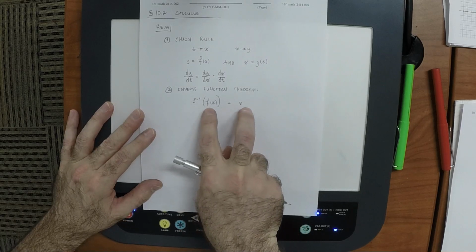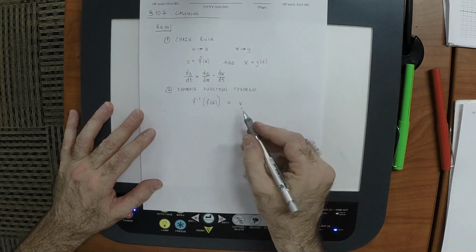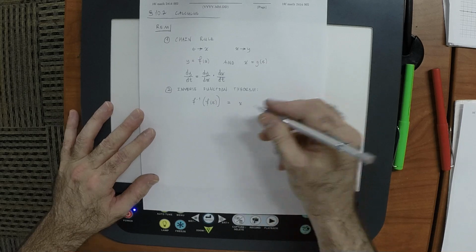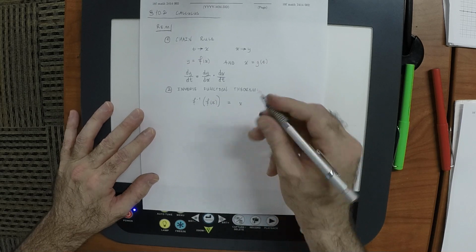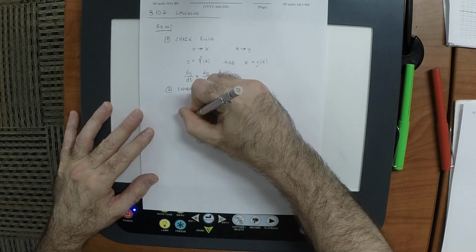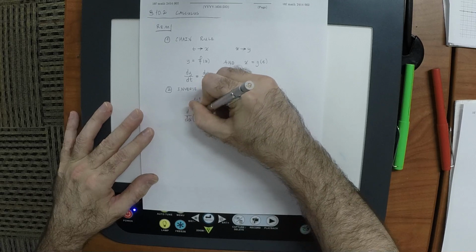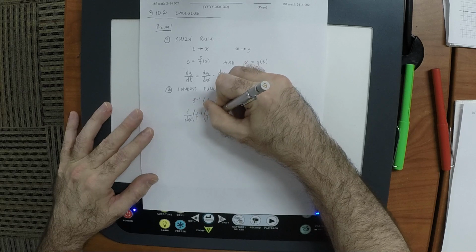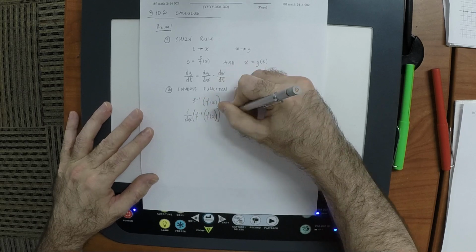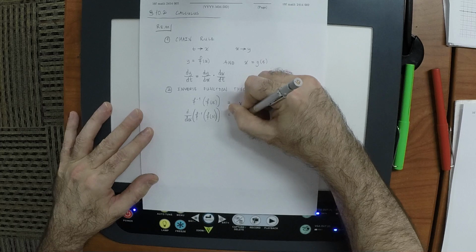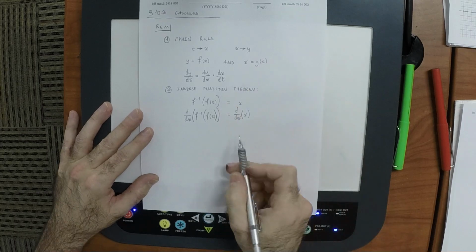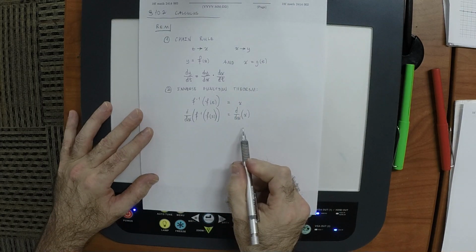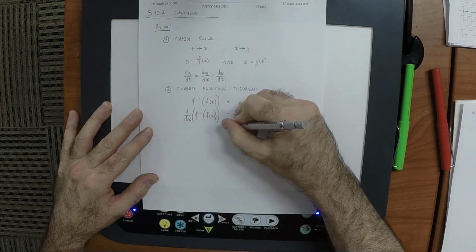So that's true. Now if we differentiate both sides, then what's the derivative of the right-hand side? So I'm going to differentiate both sides. So what's that? 1.